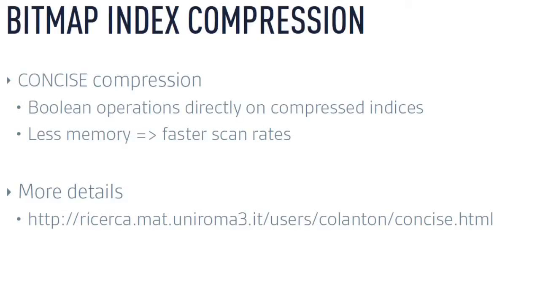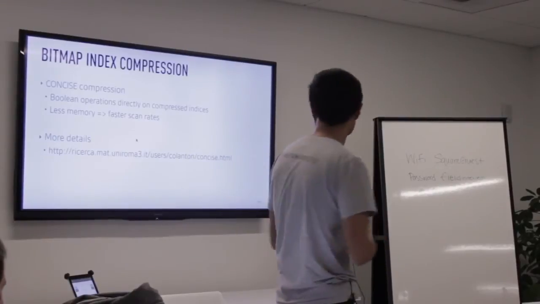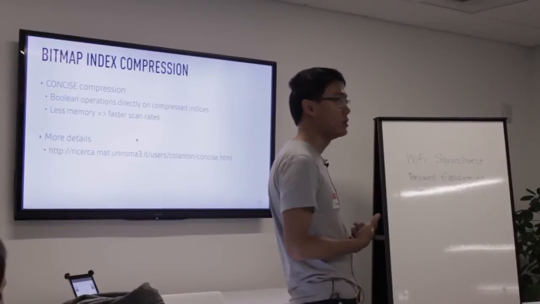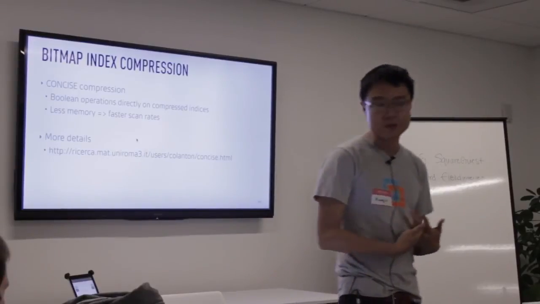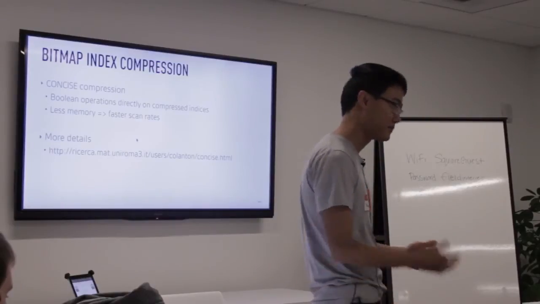The other cool thing about building bitmap indexes is basically all we have is binary arrays, and binary arrays are really easy to compress. So the compression method that we use is called concise. It's based off of the thesis work of a PhD student in Italy.